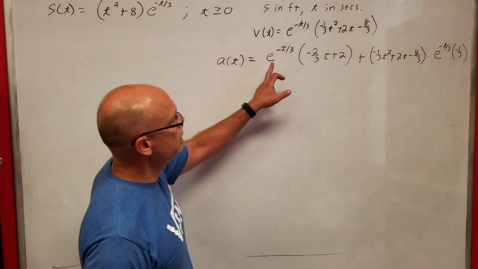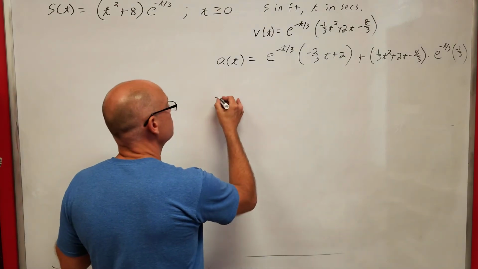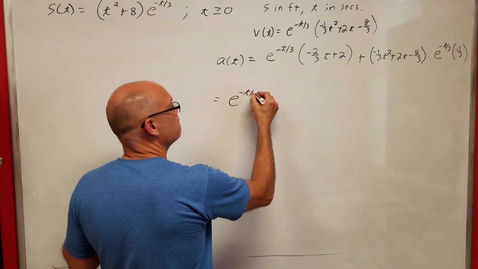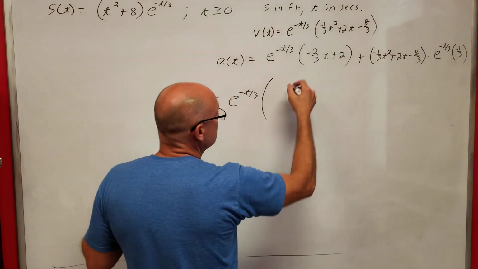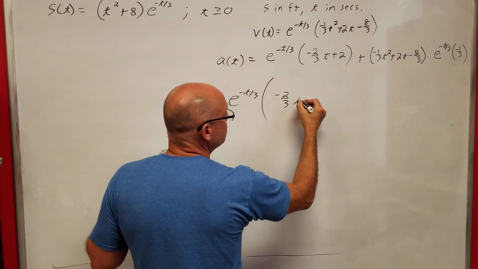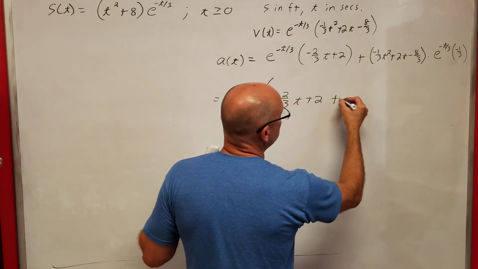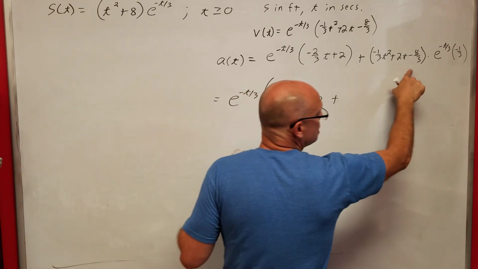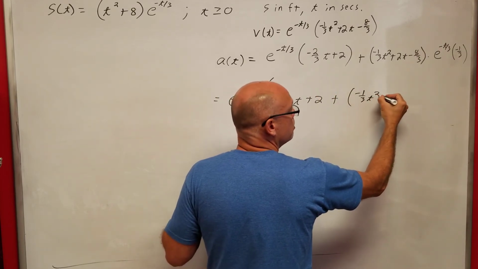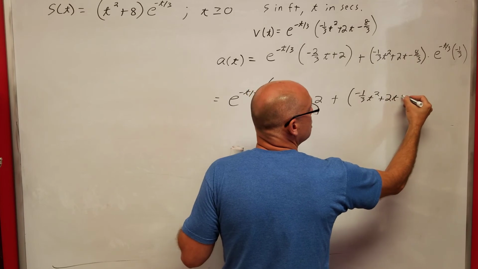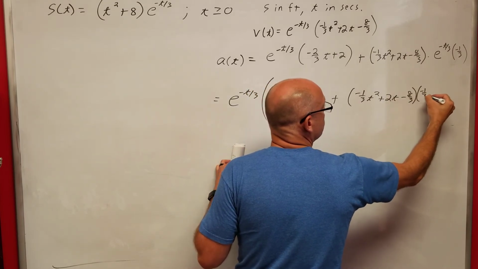All right, can I take an e to the negative t over 3 out of both of these again? Factor it out? Sure can. If I factor that out, I'm left with negative 2/3 t plus 2, plus negative 1/3 t squared plus 2t minus 8/3 times negative 1/3.